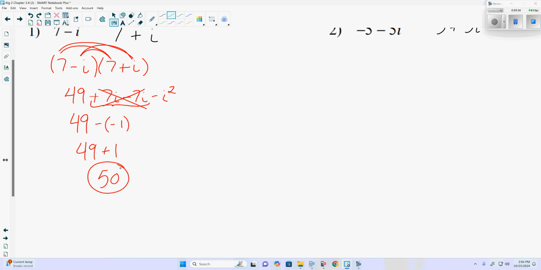This is the interesting thing about complex conjugates: if we multiply the two together, we get an expression without i. That's why these work well, because when we multiply them together, it removes the i's from the expression.